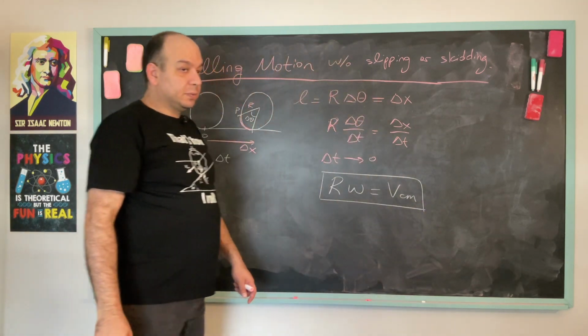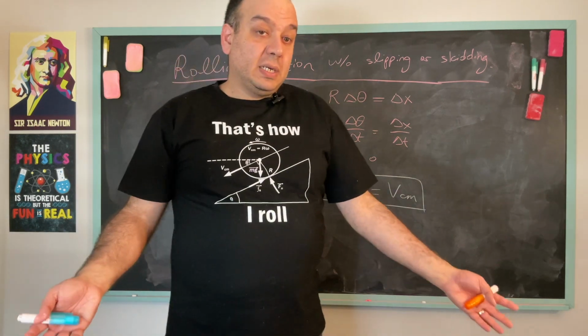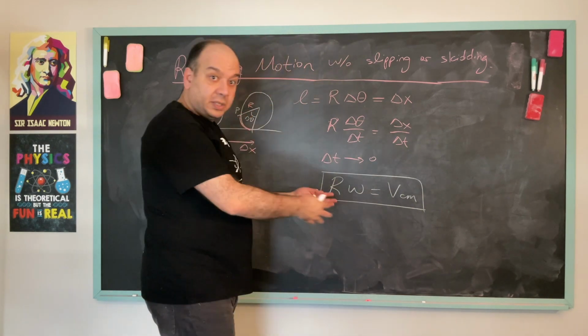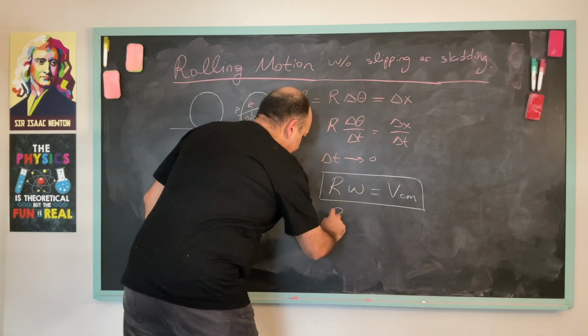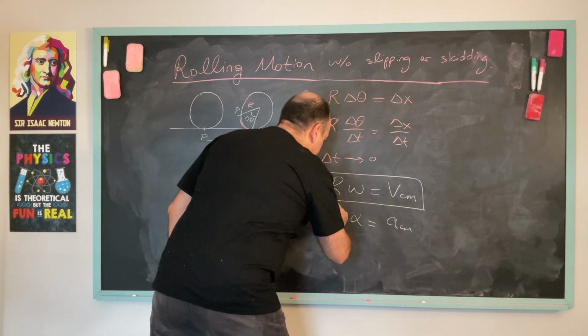This is the condition. Since omega and v center of mass may not be constant, you can simply take one more derivative. This gives you r times alpha is equal to a center of mass.